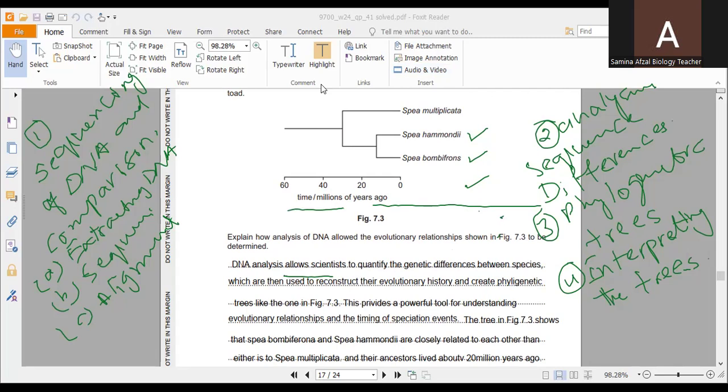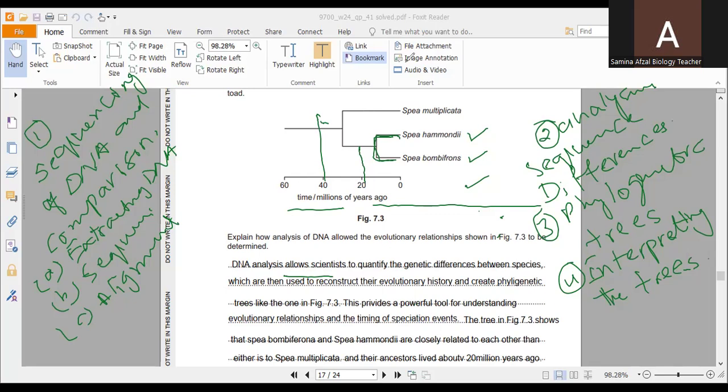You can see timing has also been given. The tree in figure 7.3 shows that Spea bombifrons and Spea hammondii are closely related, and their ancestors lived about 20 million years ago, whereas Spea multiplicata is far away, originating about 40 million years ago.